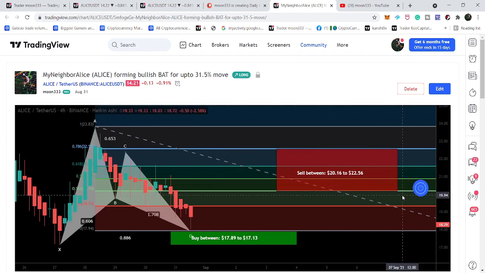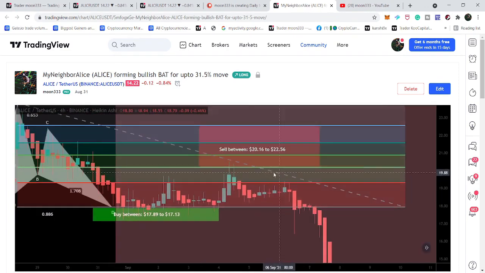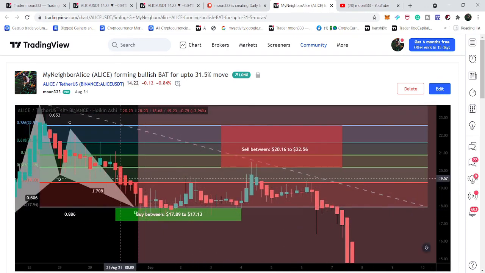Now I'm just going to play the chart, and you can see that the price line was getting reversed bullish after completion of this leg, and it has entered this sell zone that I defined as per the Fibonacci sequence of this bullish bat. Then on 7th of September, the Bitcoin moved down, and after hitting this sell zone, the Alice token also moved down with the Bitcoin. It followed the move of the Bitcoin.